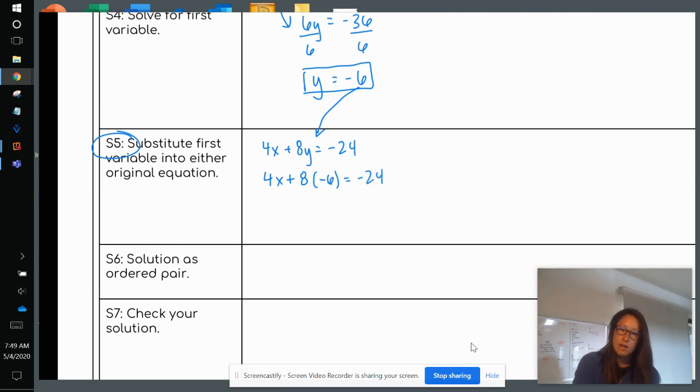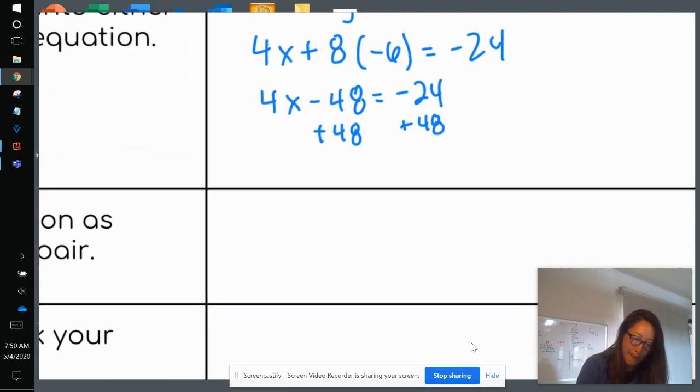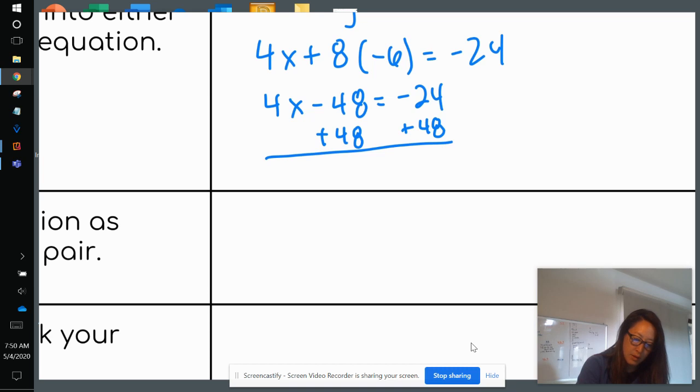And that gives me 4x, a positive times a negative is a negative, 48, or minus 48 equals negative 24. Add 48. I'm going to run out of room here. That goes to 0. So bring down the 4x is equal to positive 24.